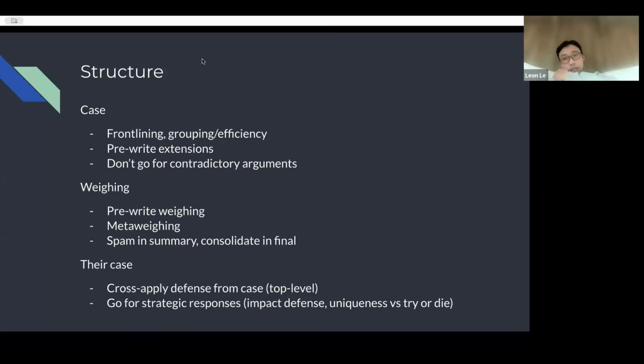The second thing that you can do is scope weighing. So scope is sort of strange, and I think there are two main ways that you can approach it. The first is that you can say, this is a way to break the clash between our time frame or try or die versus time frame, if we have a larger scope because our argument is more probable. That's just the simple way of explaining it.